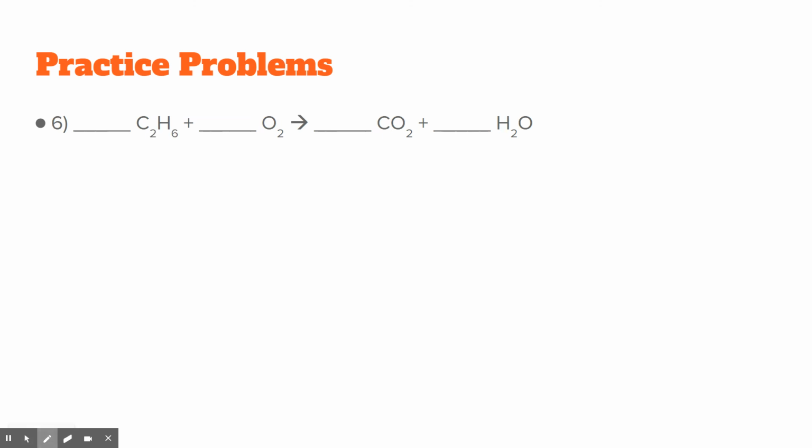Our last example, we have another combustion. So we have C, H, and O. I'm going to go ahead and count those. So again, I could start with my carbons at least.